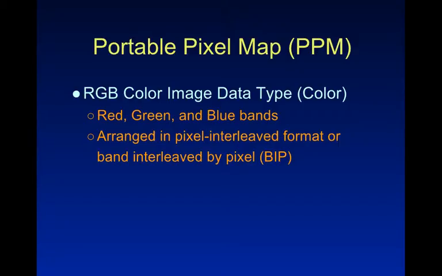Now some of you may ask, why do you have those three different formats? And it all reflects back to what kind of scanner you might be using. If you have a scanner that has only one detector, but multiple bands, it's much more efficient for it to generate band interleaved by pixel as you scan that particular point across an image, for a document, for instance.